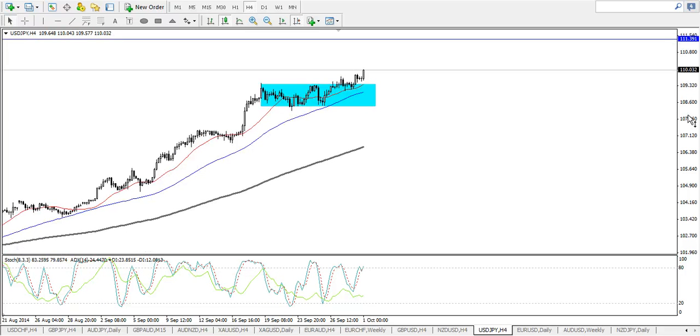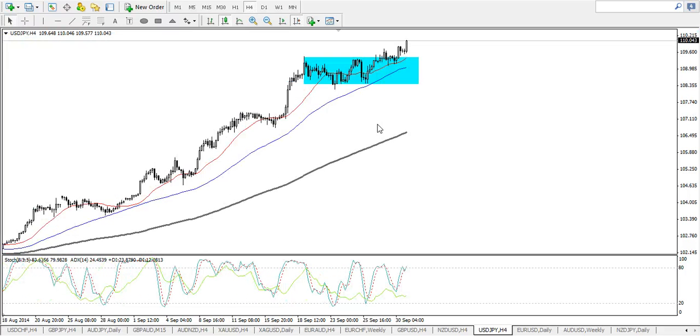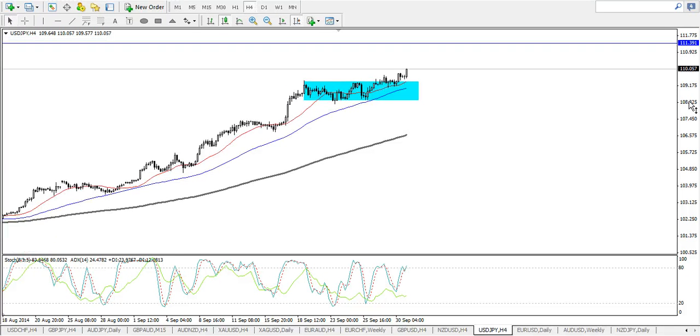So what we have to take note of is what price the US dollar will appreciate to against the yen. The very first price I can see here is 111.34. That is the first exhaustion level measured by the Fibonacci expansion.